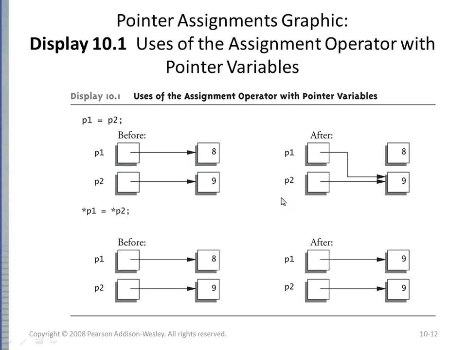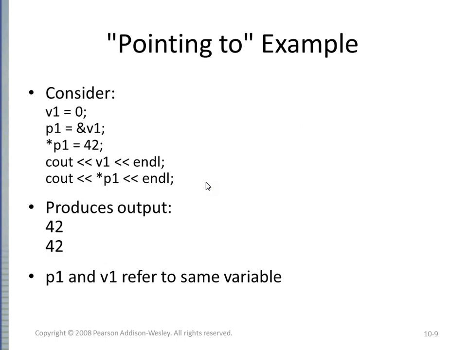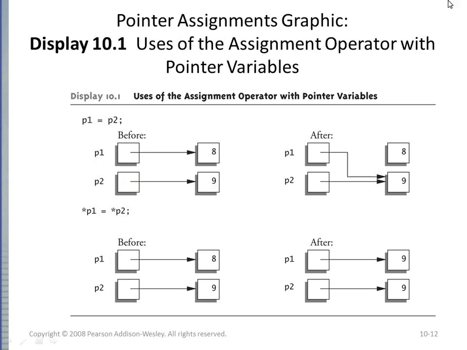Okay, this is an illustration, so let's try to figure out what's happened over here. There is P1 and P2, and the content was 8 and 9. Where did 8 and 9 come from? Is there an example of 8 and 9, or is this a new example? Seems to be a new example. So P1 is equal to P2, this is something else.